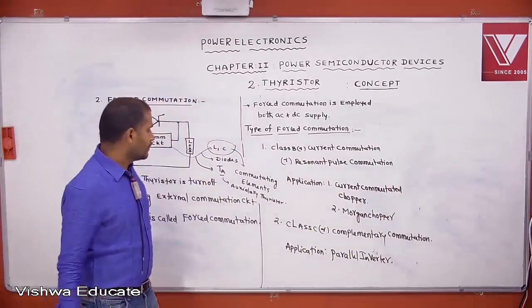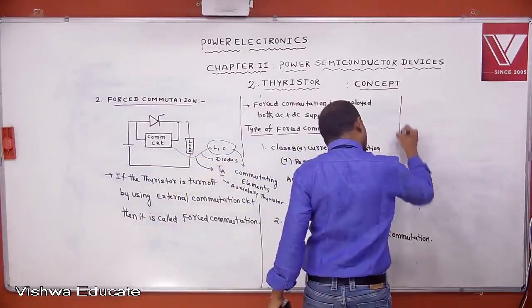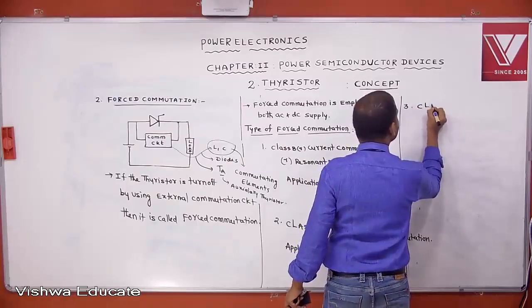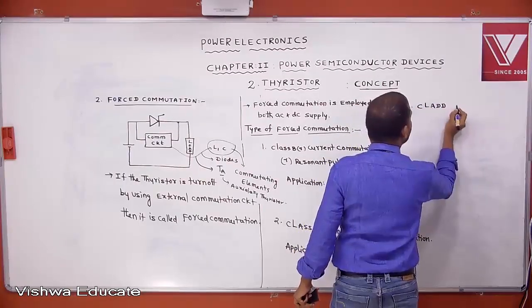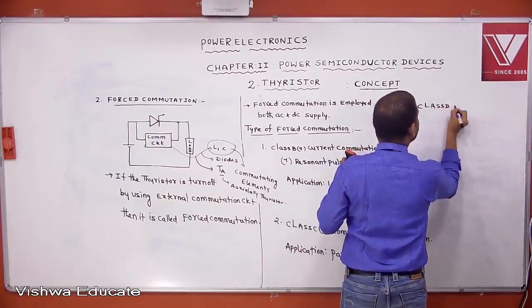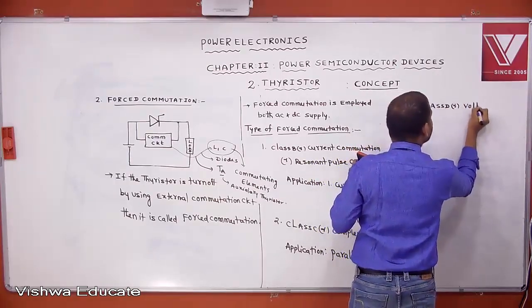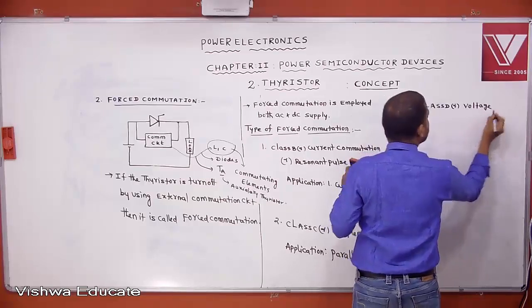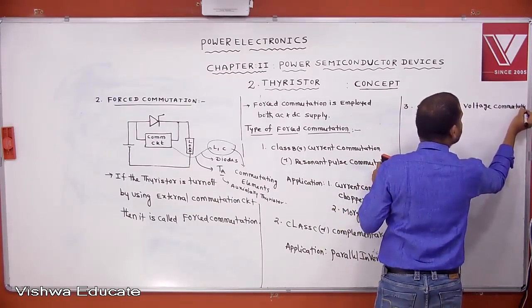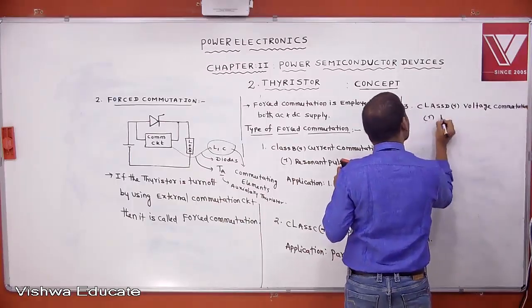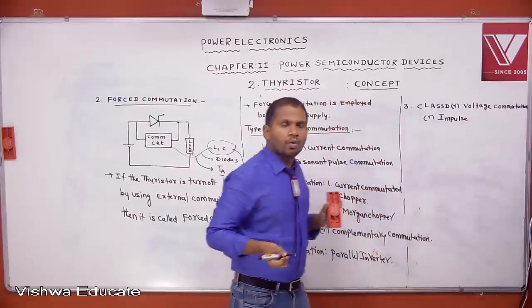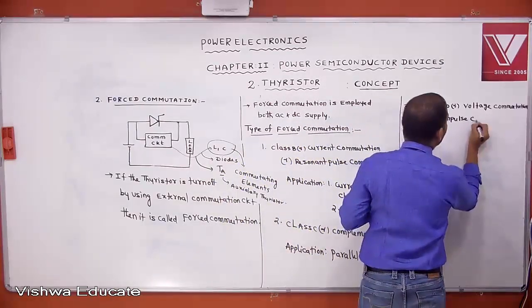Third one is Class D, or voltage commutation, or impulse commutation.